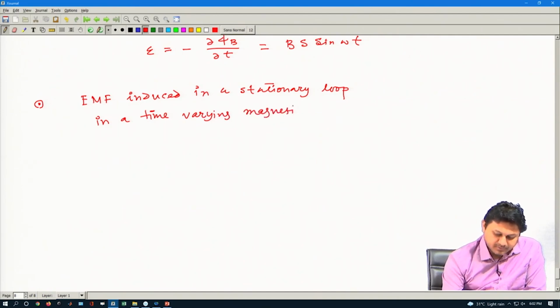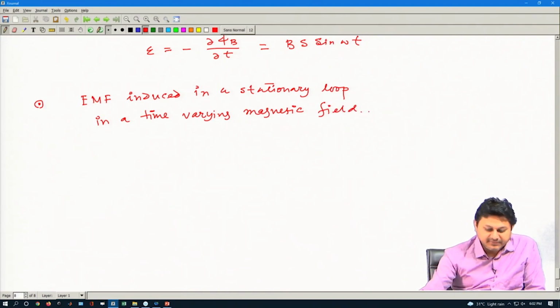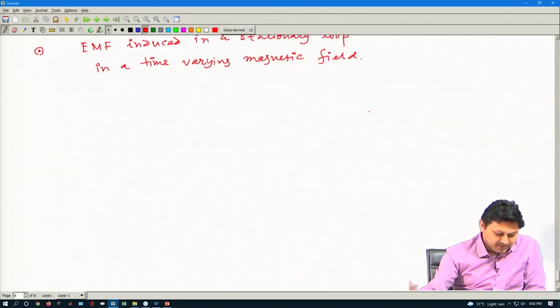A similar problem, but here the only thing is that previously the loop was rotating and now the magnetic field is changing with respect to time.